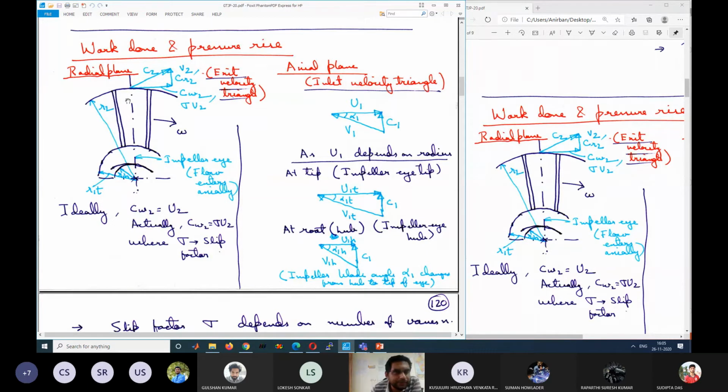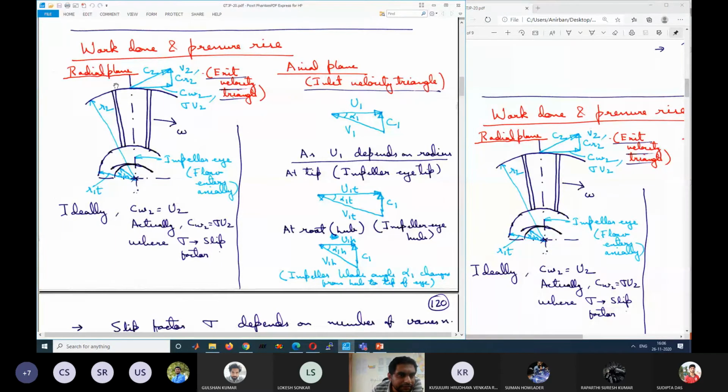Also, because of rotation you are pushing the flow here. You have higher pressure on the right side of the blade and lower pressure on the left side, because it is moving in this right direction.